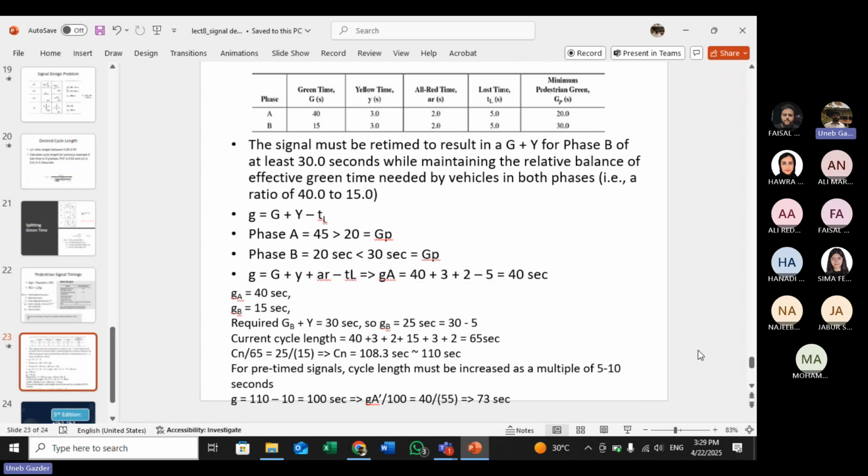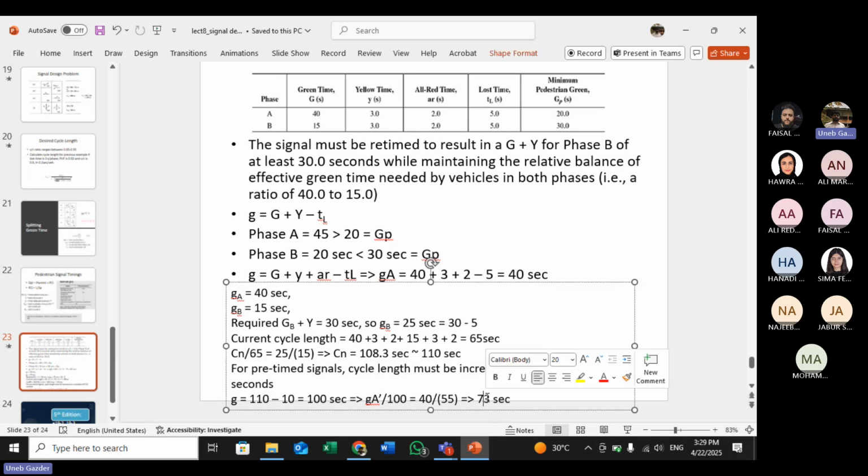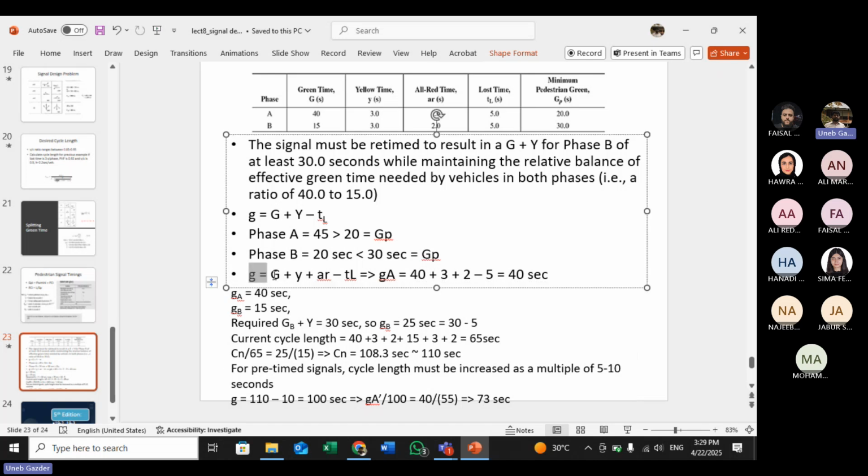But we do it with the effective green time. So this gives me the new effective green time of phase A. Now you can put this effective green time in this equation, and you can get the actual green time, the capital G, because yellow, all red and lost time are not changing.